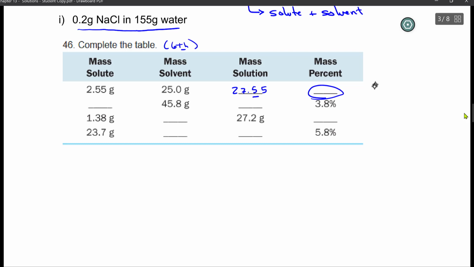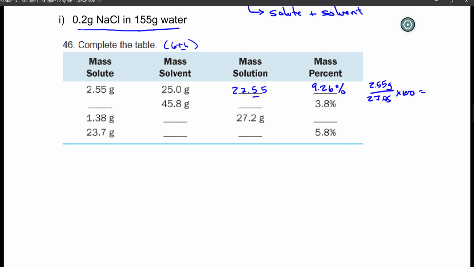So when I do that, my percent by mass is 2.55 grams divided by 27.55 times 100. And that comes out to be 9.26%. That's what that equals.